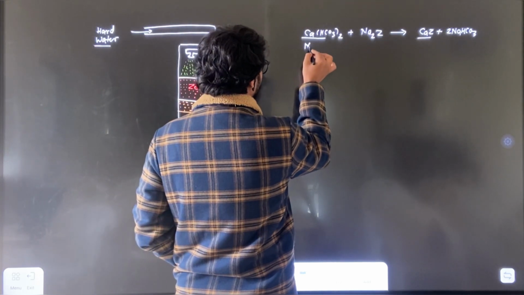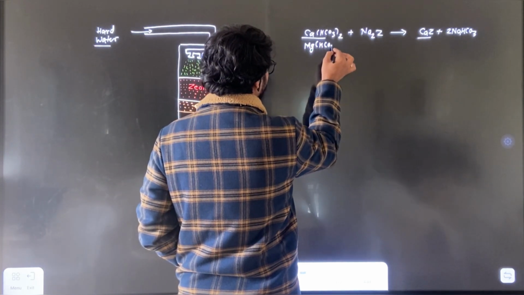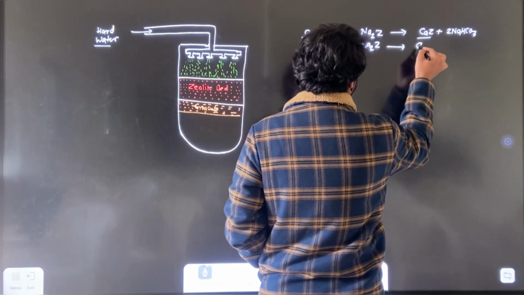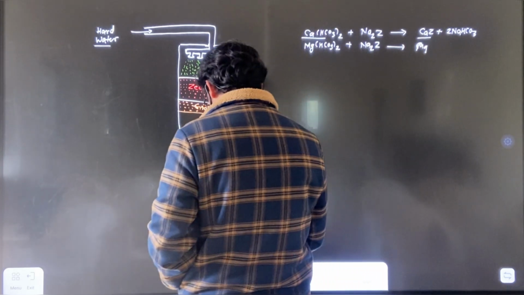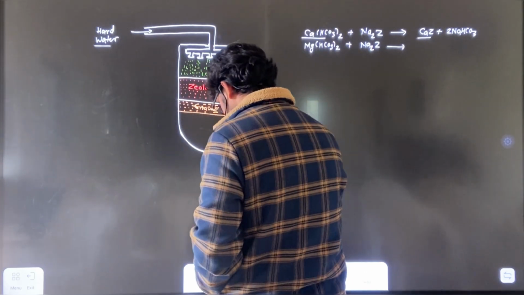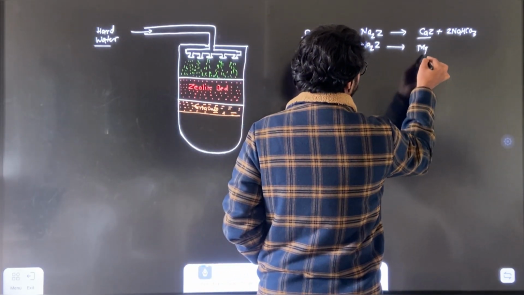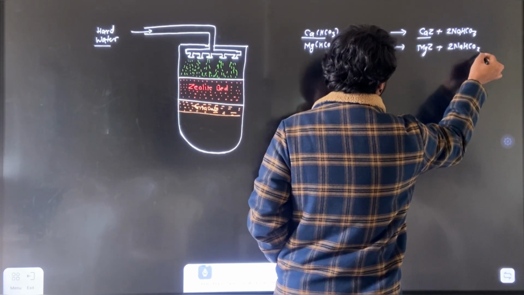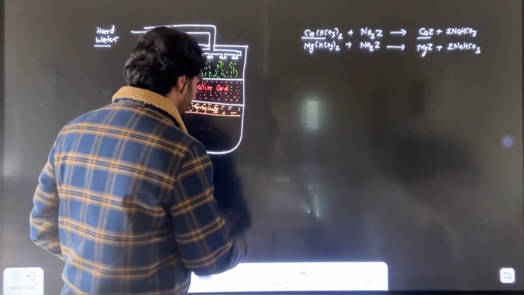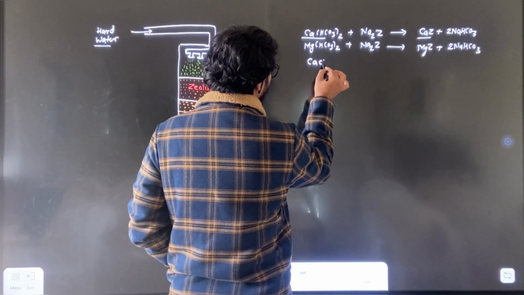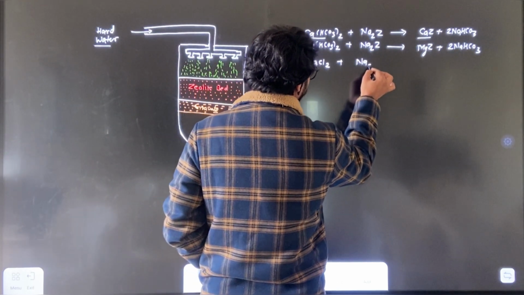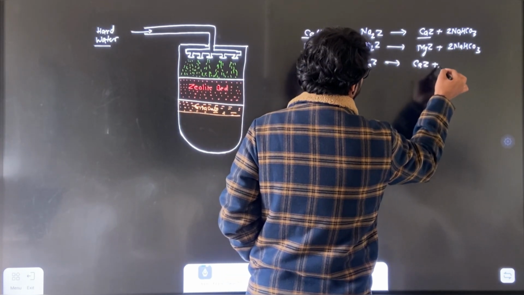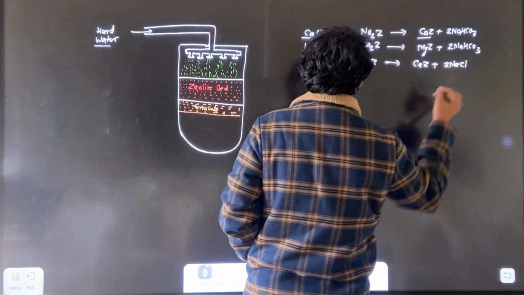Now, if we have a salt like magnesium bicarbonate, then similarly magnesium bicarbonate converts into magnesium zeolite and side product sodium bicarbonate 2 mole, right? And if we have a salt like calcium chloride, then similarly zeolite reacts with calcium chloride and forms calcium zeolite and side product sodium chloride, right?